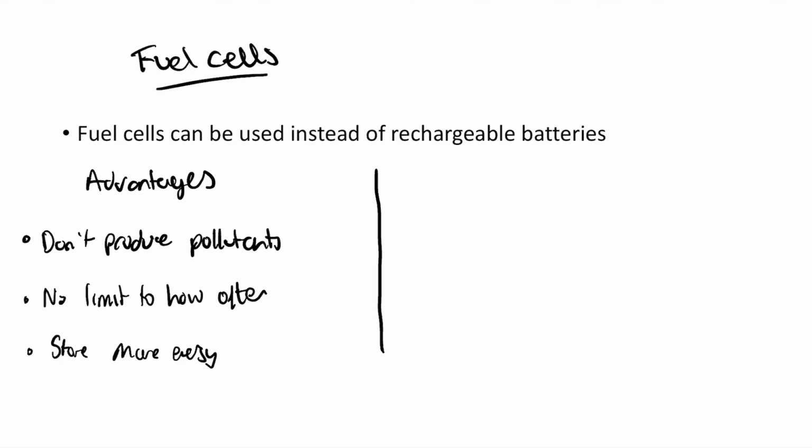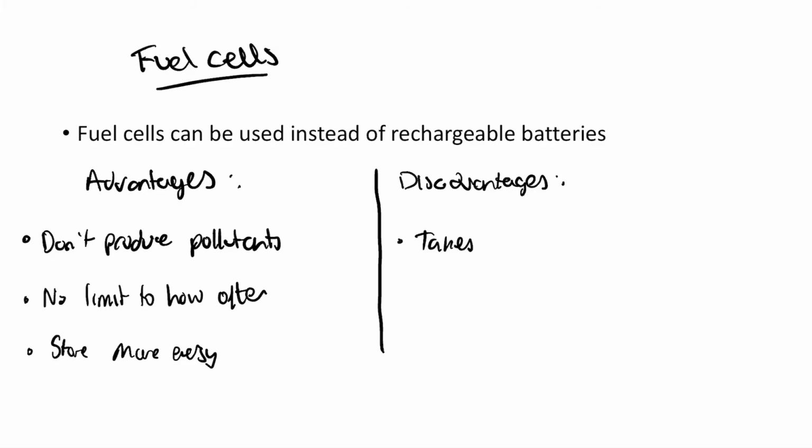As I did say, however, there are also some disadvantages of using fuel cells that you do need to be aware about. And one is that because hydrogen is a gas, it takes up lots of storage space. Okay, much more so than a rechargeable battery.